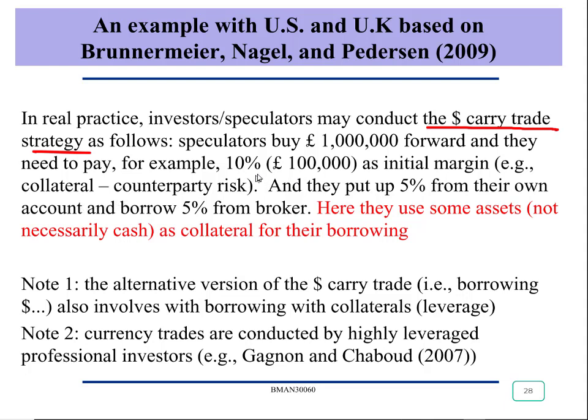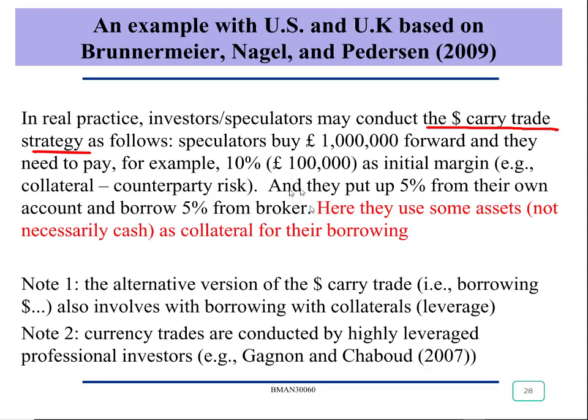Let's say the investor needs to put 10% of £1 million as initial margin, and typically they will put up 5%, £50,000, from their own account and borrow 5% from brokers. When they borrow money from a broker, they use some asset, not necessarily cash, as collateral.